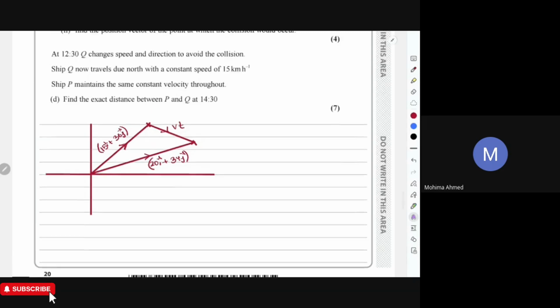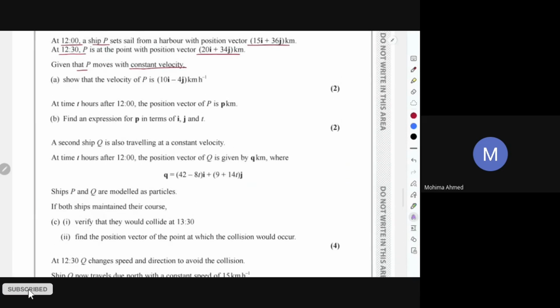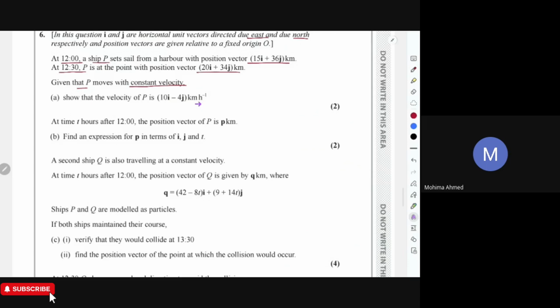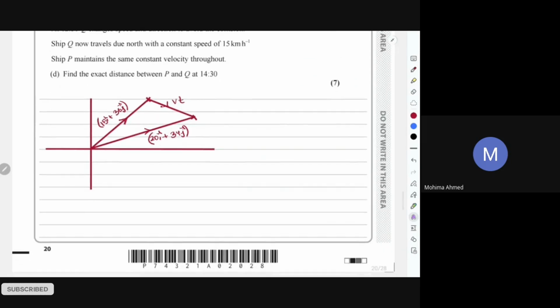If you go back to the question, your velocity is in kilometer per hour, so these 30 minutes have to be converted into hours, right? Which is now going to be 0.5. And I can understand from the arrows that these two arrows, the initial position vector and vt, are in the same direction, and this is in the opposite direction.